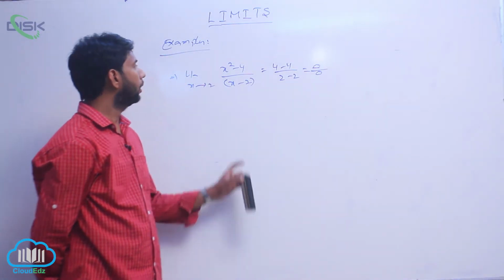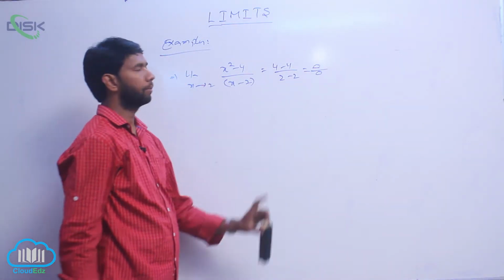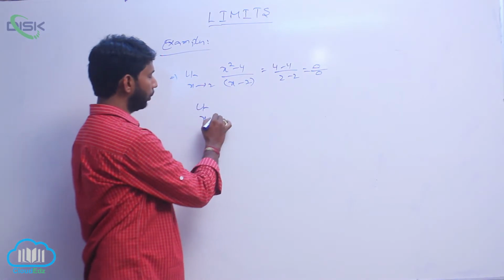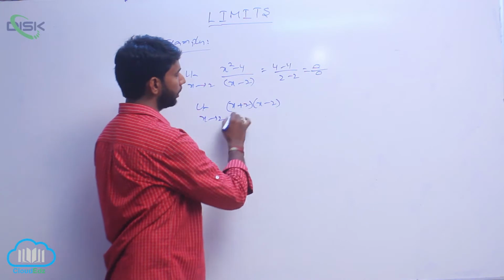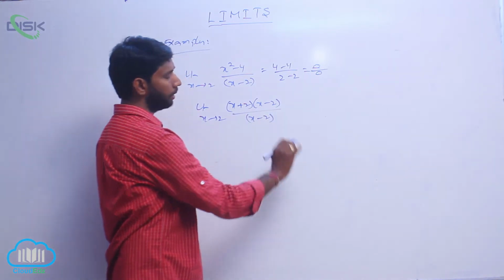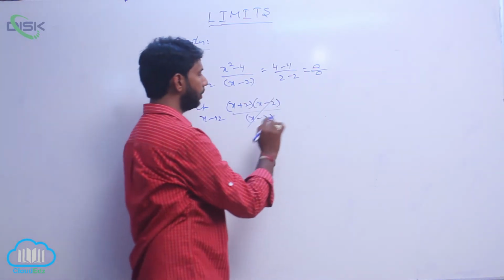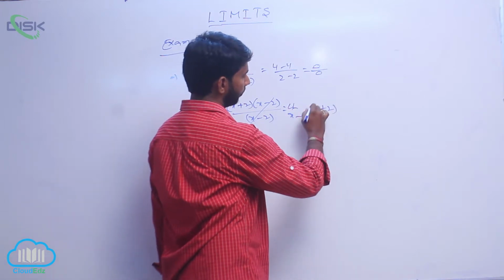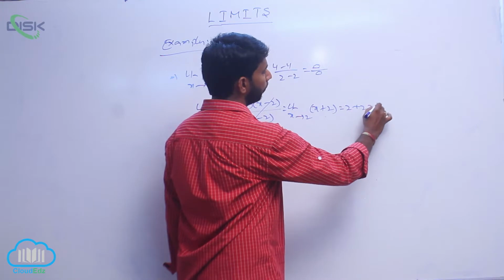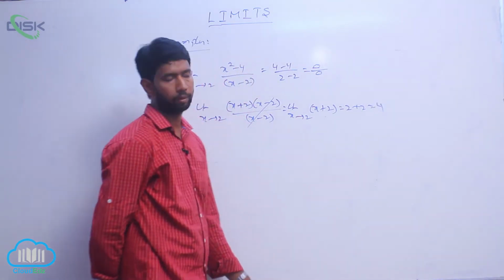The numerator is divided into factors: x square minus 4 factors are x plus 2 and x minus 2, and in the denominator x minus 2. Here x minus 2 is cancelled, so the limit x tends to 2 of x plus 2. Put x equal to 2: 2 plus 2 equals 4.